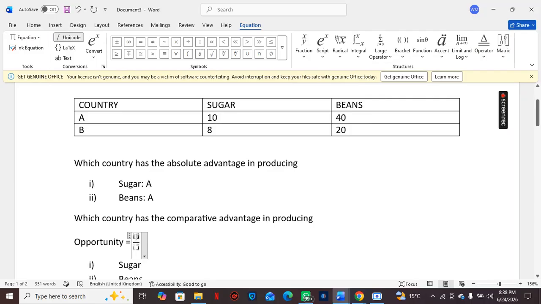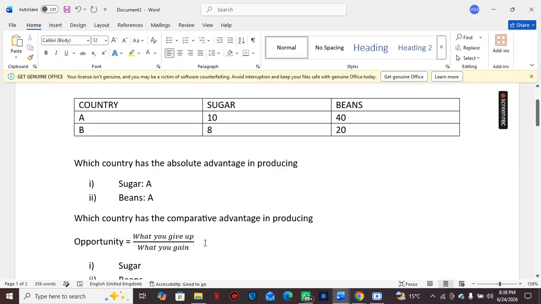What you give up is on the numerator, and on the denominator is what you gain, or what you're going to be producing basically.